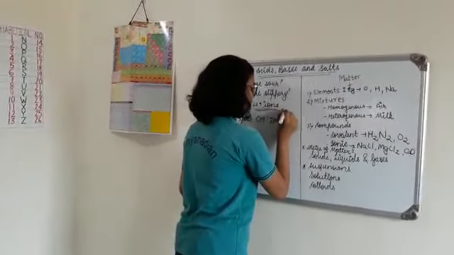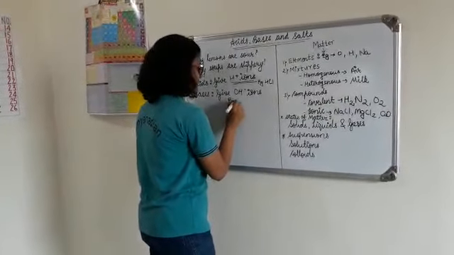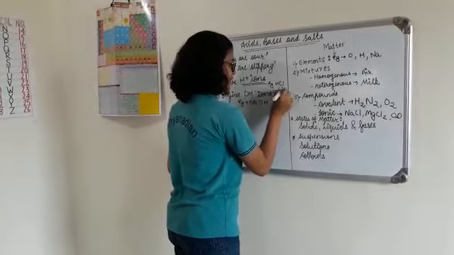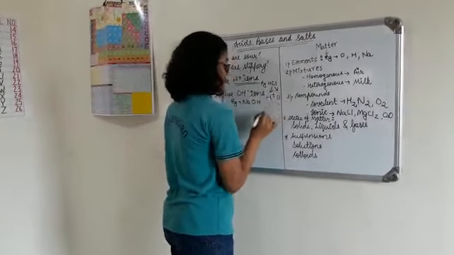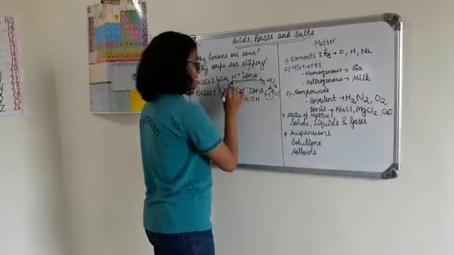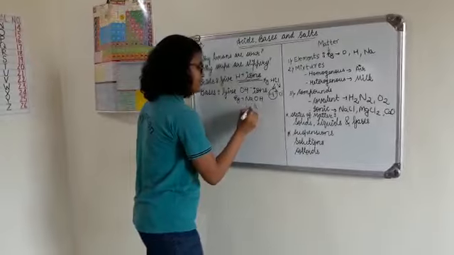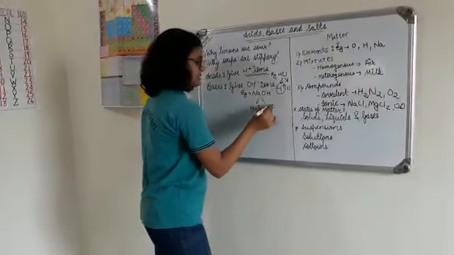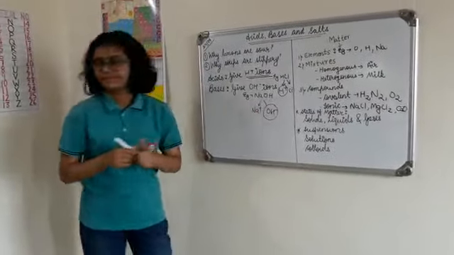It would be HCl. And what are the examples of bases? It would be NaOH. When they are split, we find H plus and Cl minus. Here the H plus ions are given by acids. In the same fashion, Na plus and OH minus. In the same way, it is a base as it is giving OH minus ions.